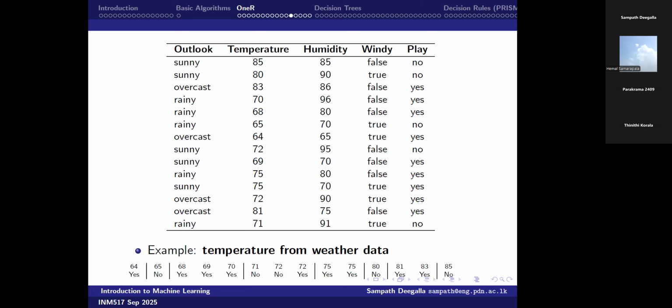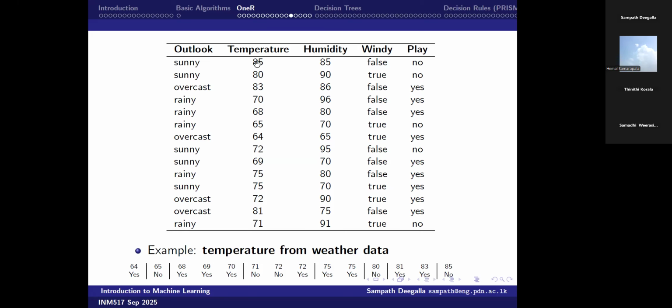So therefore, what we are trying to do is find ranges. When we find the ranges, one technique we are going to use is to take, for example, temperature. We'll sort all the values in ascending order. So you can notice that the lowest value in this group is 64.